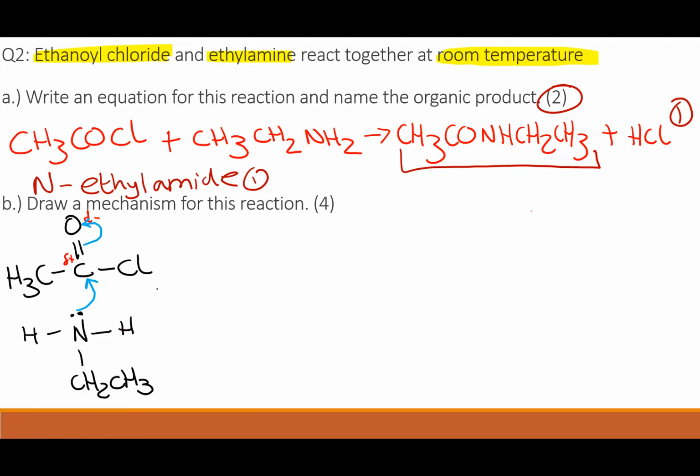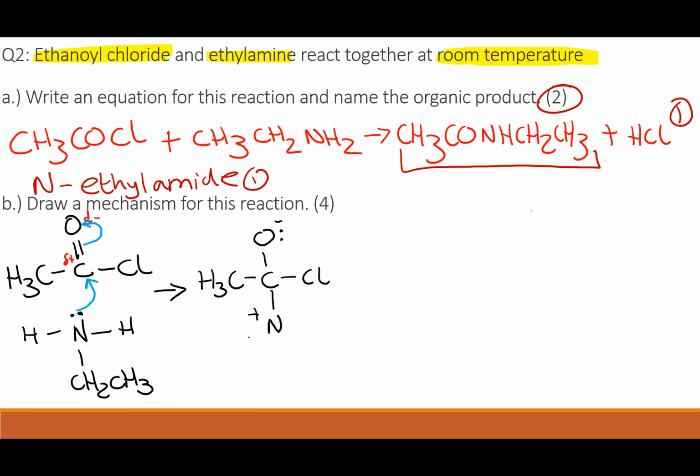Now we need the 3 stages of the elimination. So let's just draw that product out, what we've got at this intermediate stage at the moment. Make sure you add on that lone pair of electrons that's now there, and still that negative charge that's going to be on that oxygen.